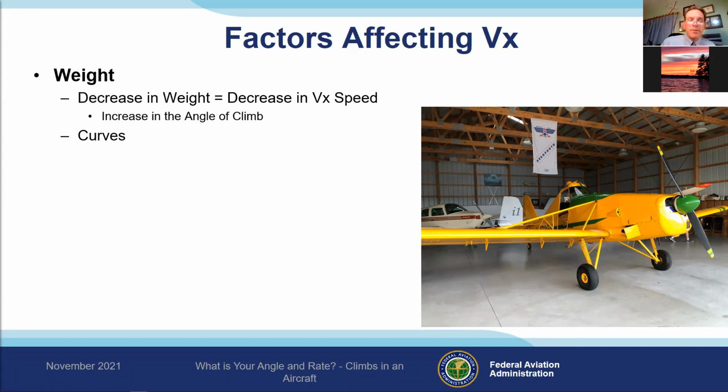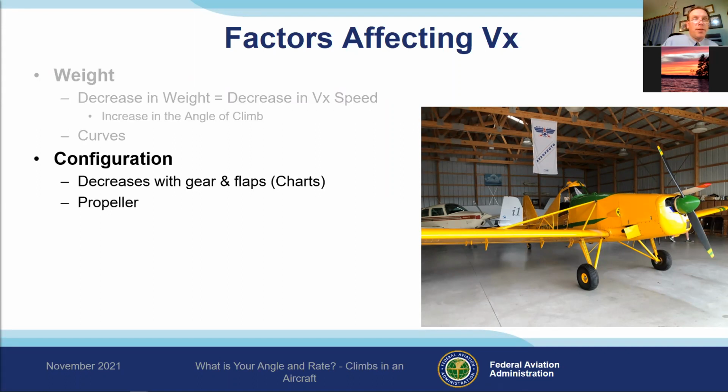And we're going to take a look at some climb curves later on here to look at that. Configuration: usually what we will end up seeing with flaps down changes the profile of the wing. Usually that will decrease our VX speed some. Usually you'll even see it with the landing gear. The propeller can have an effect on that.